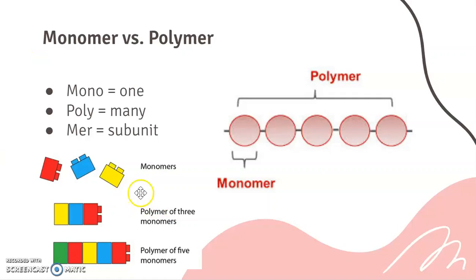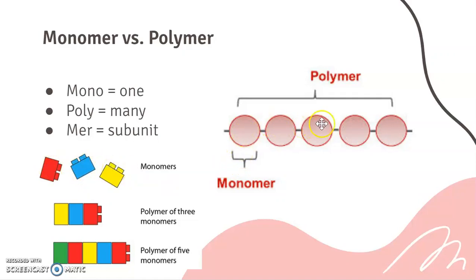Here's a good little image to help you. If we were to think about a macromolecule, it would be a long, long stack of Legos potentially. If we think about Legos as our primary example, a monomer would be when we break up those individual Legos. So this red one here is a monomer, this blue one here is a monomer, and so forth.